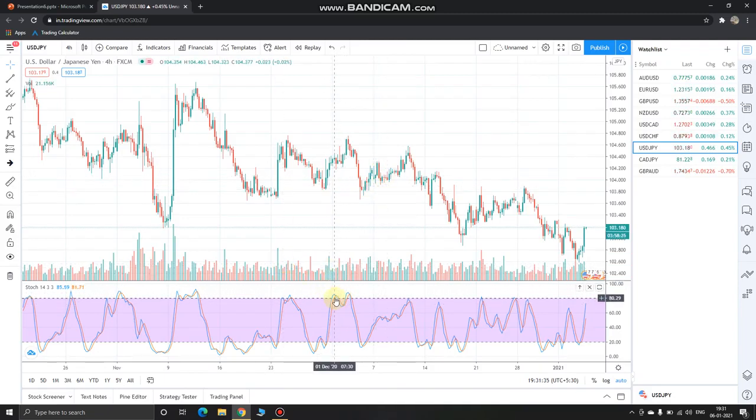See, after that, if you would have shorted the market here, then your stop loss would have been hit, because after that it started going up also. So there are certain factors that you must consider apart from indicators also, that I'll be telling you in detail when I'll be sharing trading strategies.